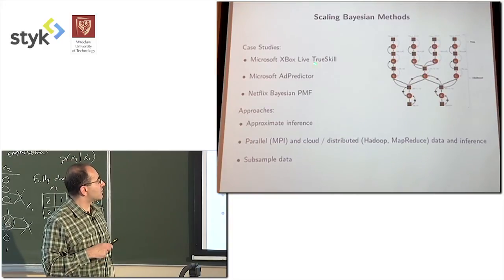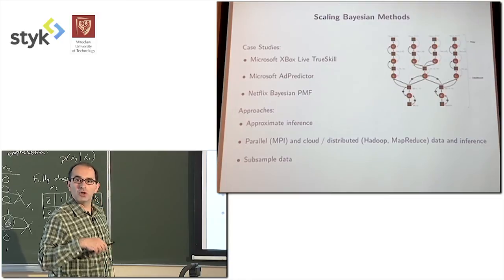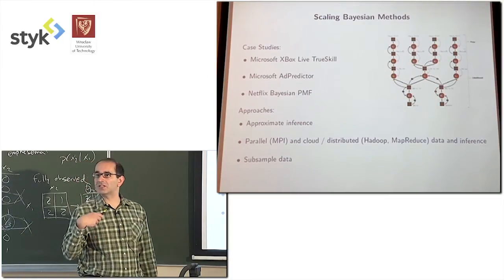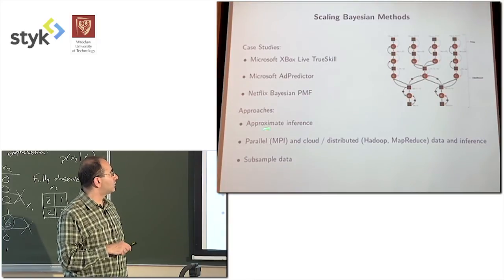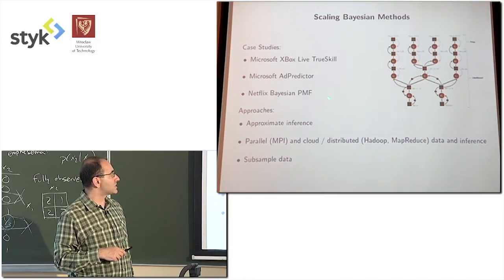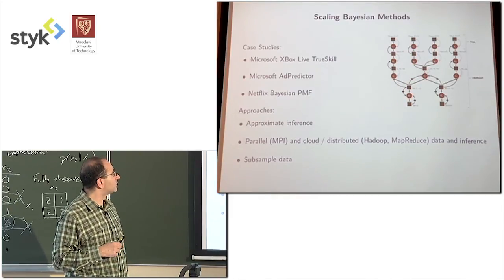And Microsoft also does a bunch of other very large-scale applications of graphical models to predicting the probability that somebody's going to click on a link. And a lot of other probabilistic models. People are interested in getting them to scale to very large data sets.